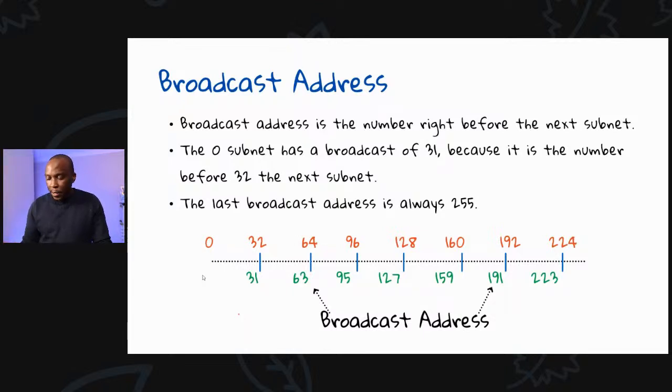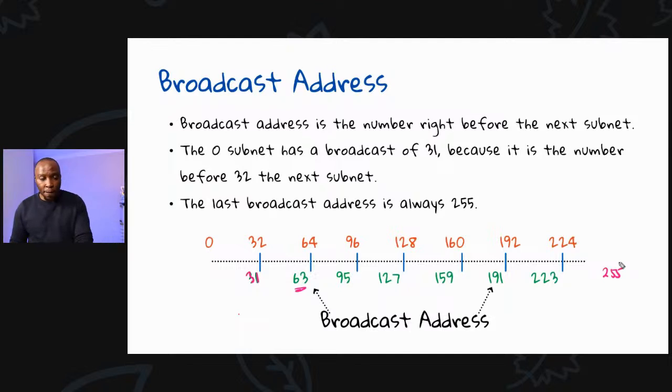So our first network was 0 ending on 32, and the number before 32 is 31. So that then becomes our broadcast address. On the 32 network, our broadcast address is 63. On the 64 network, our broadcast address is 95. On the 96 network, our broadcast address is 127, and that basically goes on until you get to 255, being your last broadcast address.